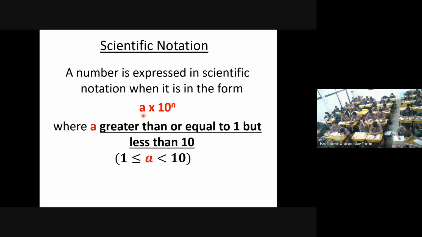This a should only have the value from 1 and less than 10, a number that is less than 10. Now, what is n? n is any integer. Again, this is what a scientific notation is. Remember this, okay? This is the form of any scientific notation.